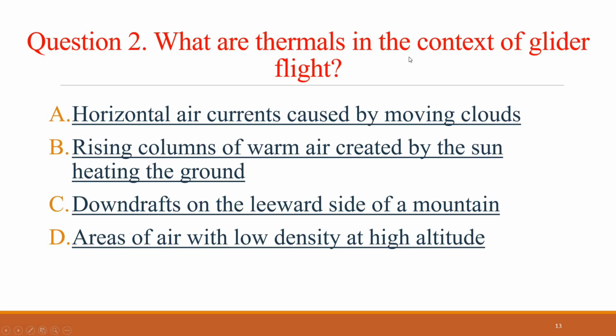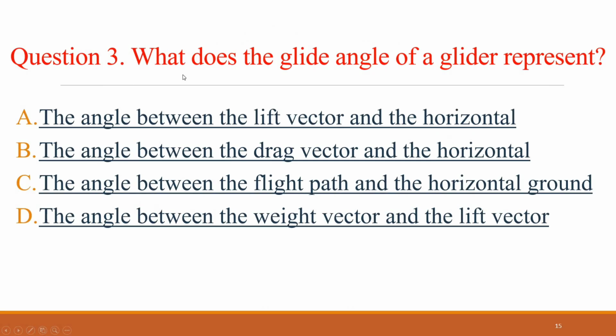Question 2. What are thermals in the context of glider flight? The correct answer is rising columns of warm air created by the sun heating the ground. Question 3. What does the glide angle of a glider represent?